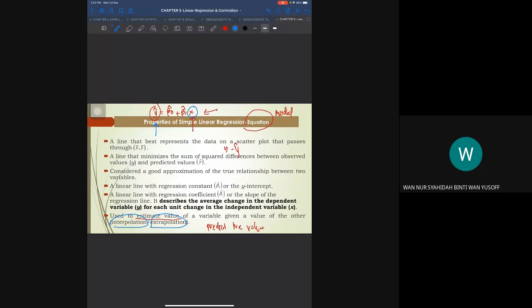When you do extrapolation, the value that you get might be invalid. Sometimes you will get a negative value, or it will be too far outside the limit of your data. So we have to avoid the extrapolation method.